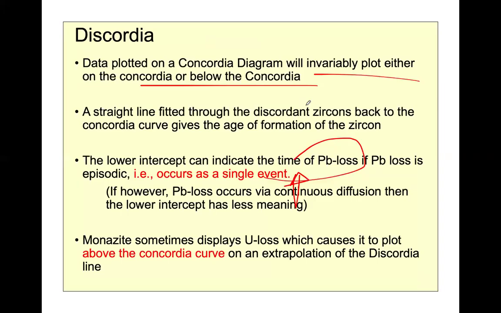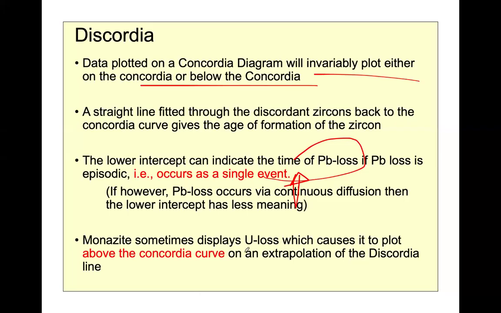We can use monazite also, where the same discordia line might be found. But monazite is a rare earth element phosphate mineral, right? Just a rare earth element phosphate mineral. Zircon is what? The composition of zircon is zirconium silicate, right? So monazite has an entirely different chemistry.